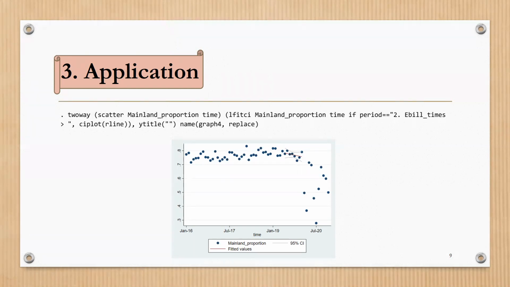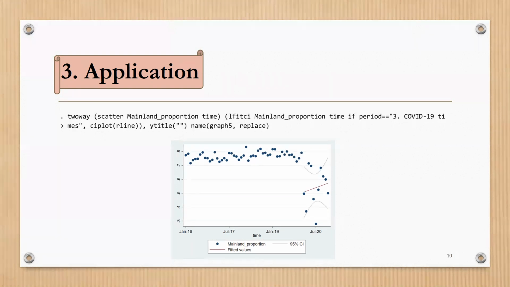Here you can see the 95% confidence interval becomes wider, and also the data points have a smaller number. So we're only focusing on a few data points. And the next, if we change the code for the lfitci to be period equals to 3 COVID-19 times, then here we are only focusing on data that is from February 2020 to December 2020.